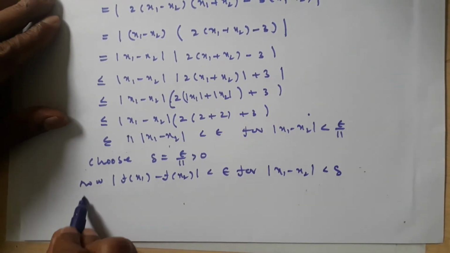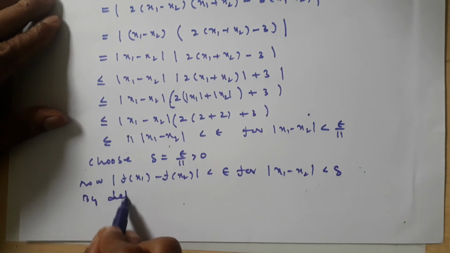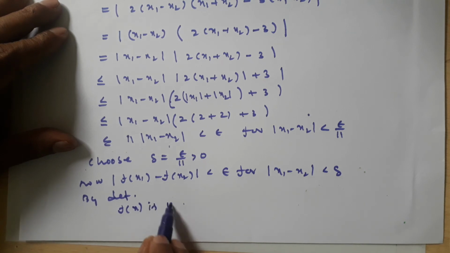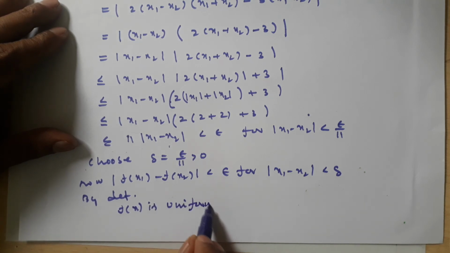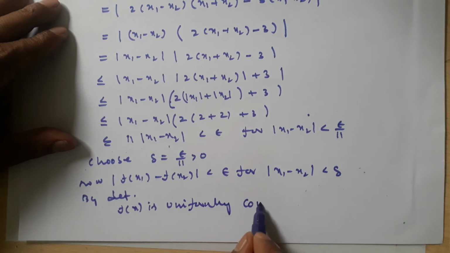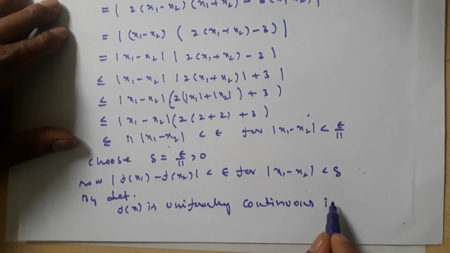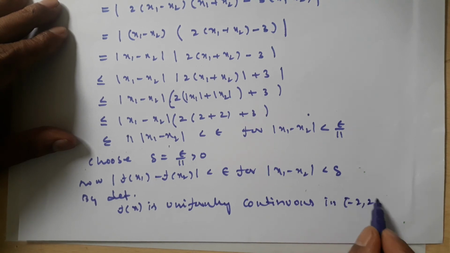So by definition, f of x is uniformly continuous in the closed interval minus 2 comma 2.